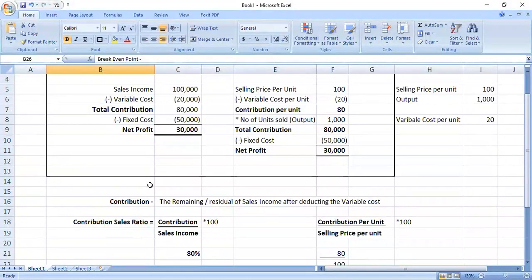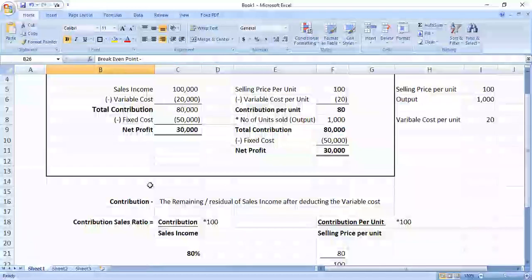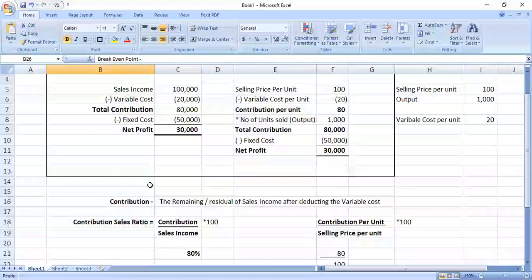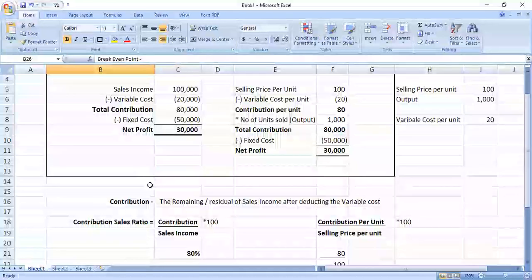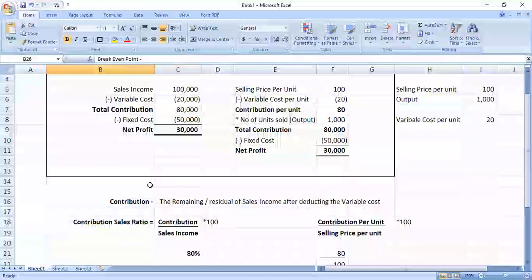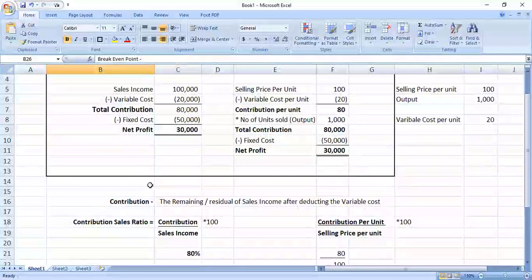If I find out at what point my total income and cost are equal, I have to earn more income than that point to arrive at a profit. And I don't want to go below that, right? If my output is lesser than that level, I would end up in a loss. So I should calculate this point. It's very, very important. Okay, understood?